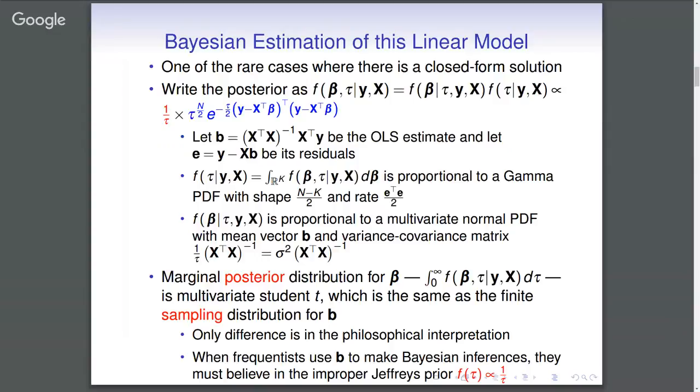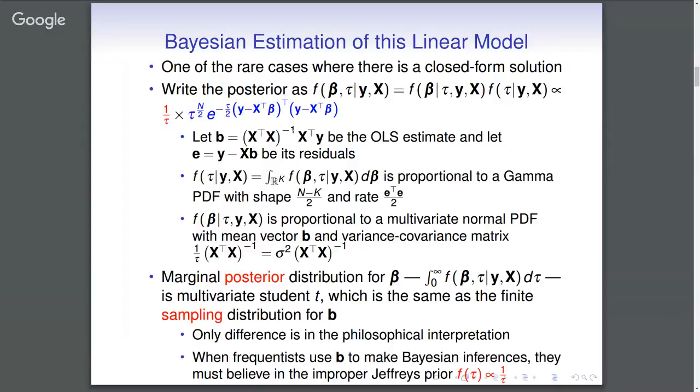And this stuff in red and blue is just copied from the previous slide. It's our posterior kernel. So if this is our posterior, how do we draw from it?